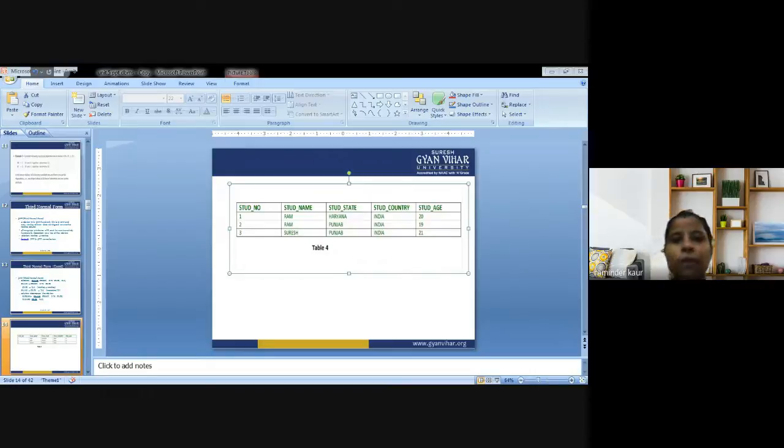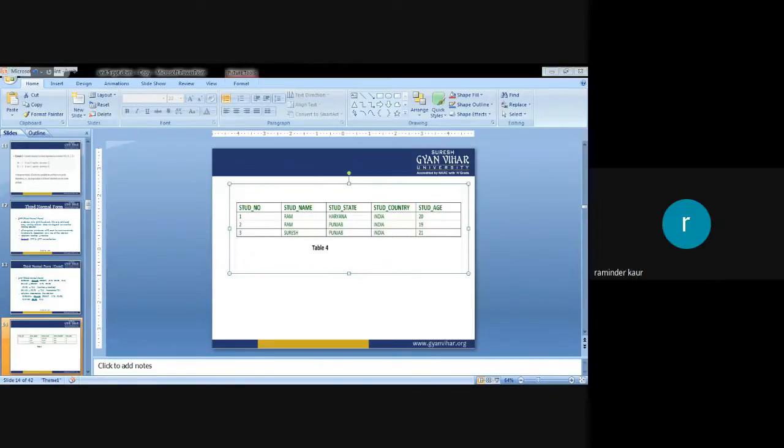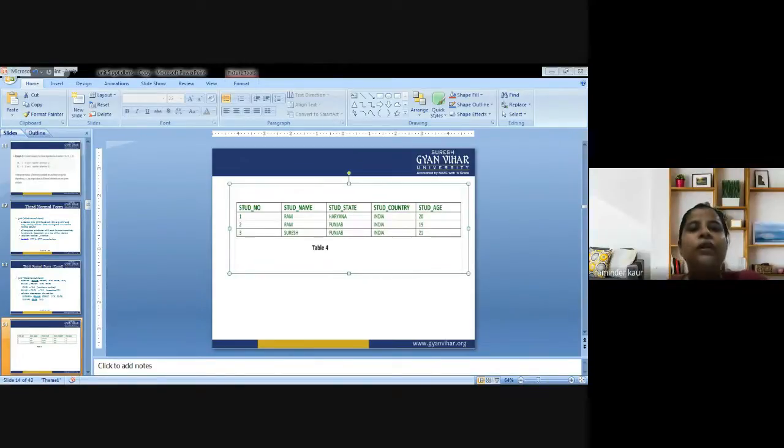To convert it into the third normal form, we will decompose the relation student. How? Student number, student name, student phone, student state, student country, student age. It could be represented as student, where there are various attributes: student number, student name, student phone number, student state, student age.